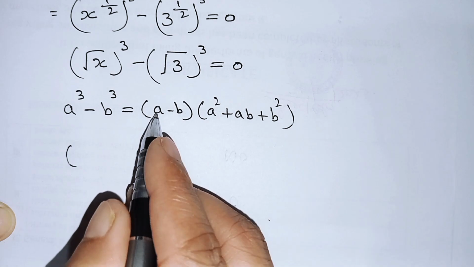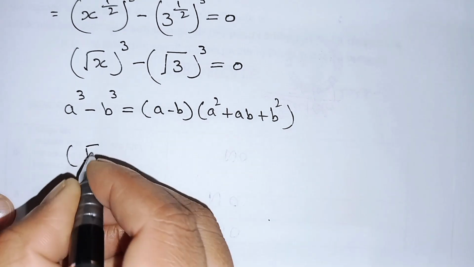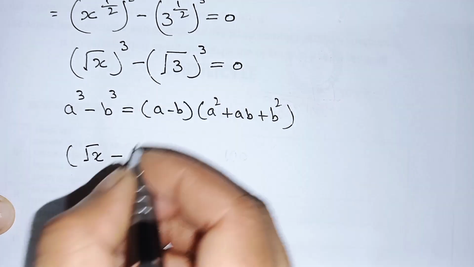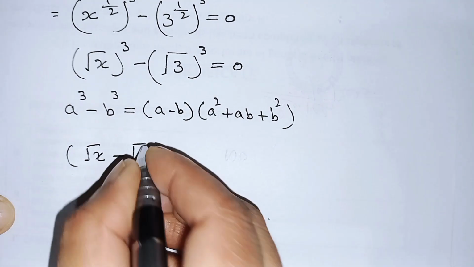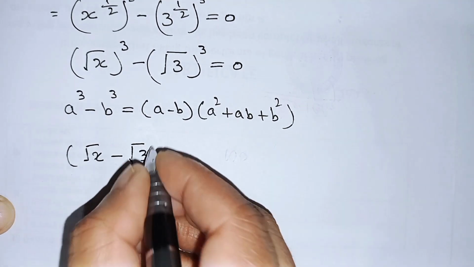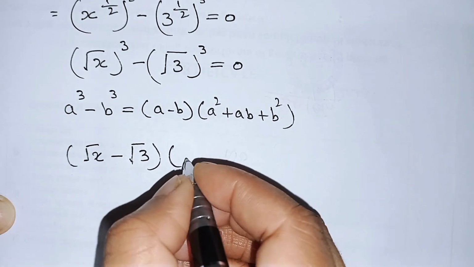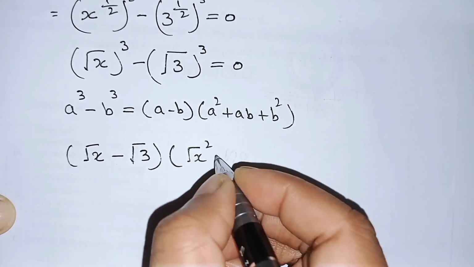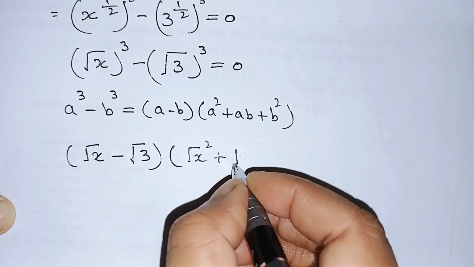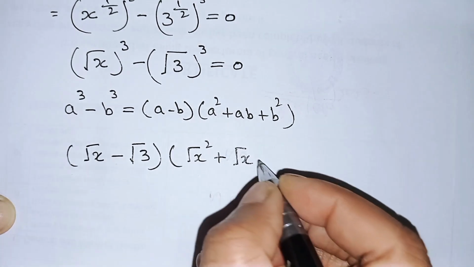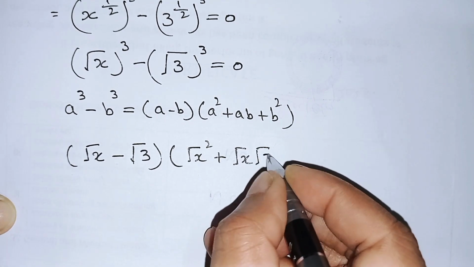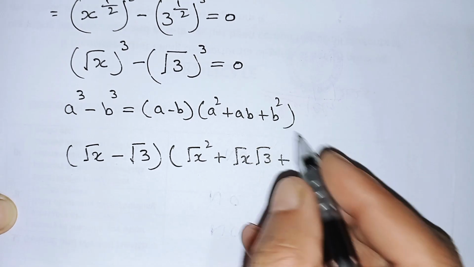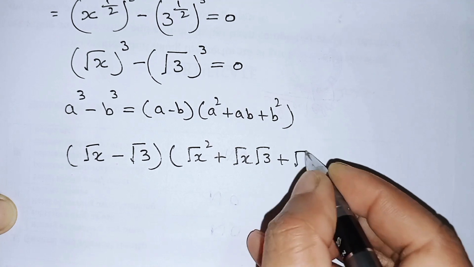So it can be written as square root x minus square root 3, times square root x square plus square root x times square root 3 plus square root 3 square.